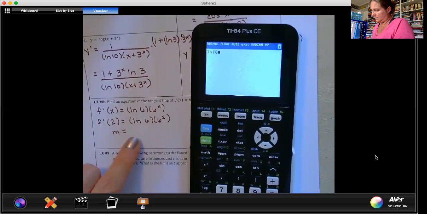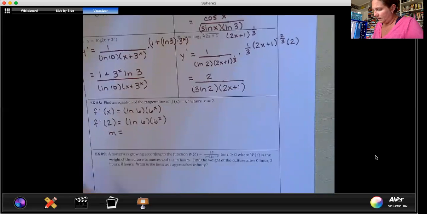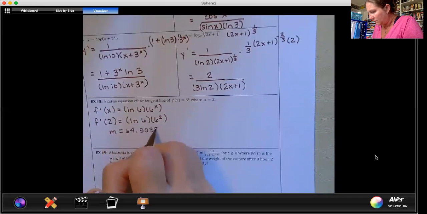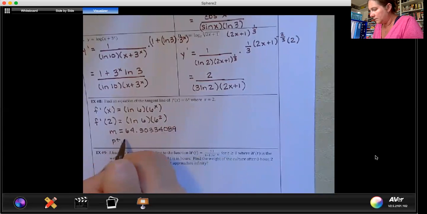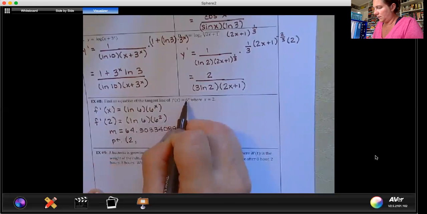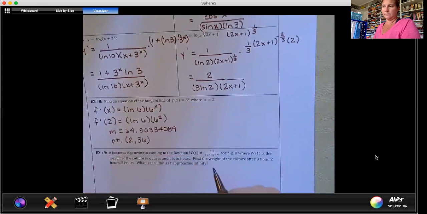So ln 6 times 36 is 64.50334089. And my point is going to be 2 and then 6 to the second power, which is 36.